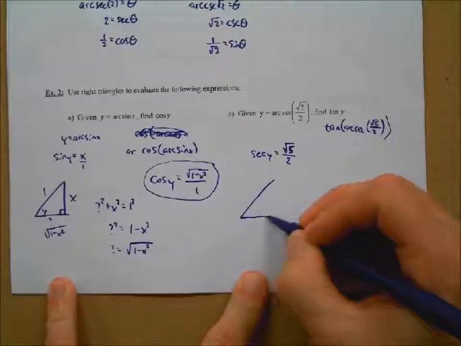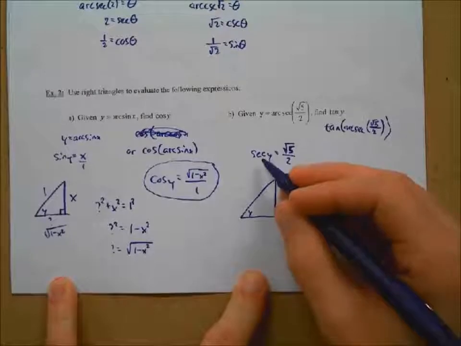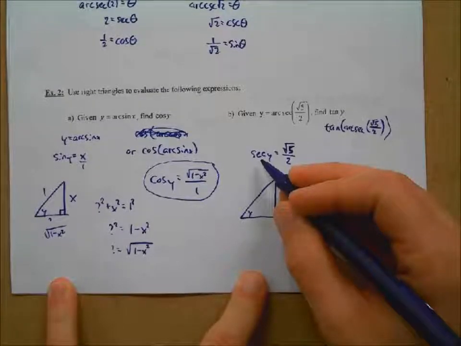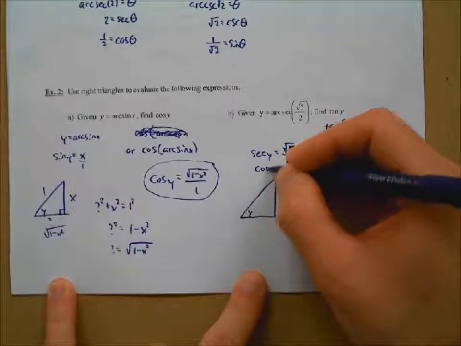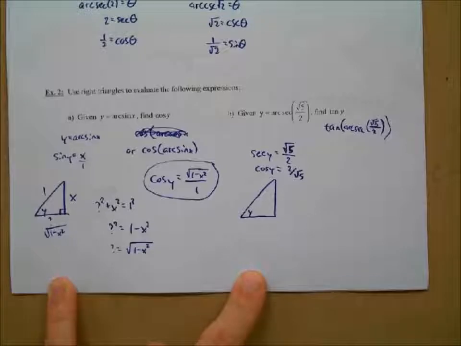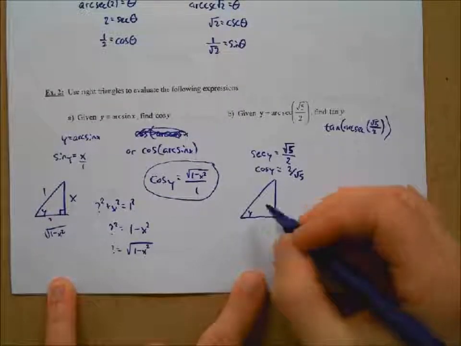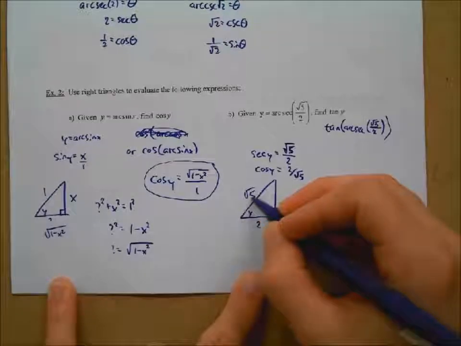Put y in as one of the angles. Secant, if you remember, is hypotenuse over adjacent, but of course we can take the reciprocal of both sides and say that's cosine of y equals 2 over root 5. Cosine is adjacent 2 over hypotenuse root 5, and I'm going to let you finish the rest.